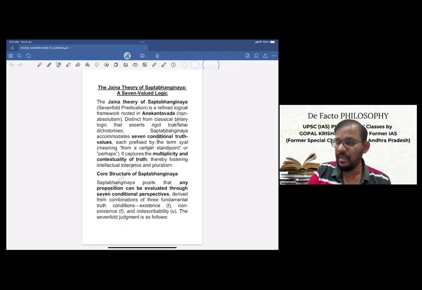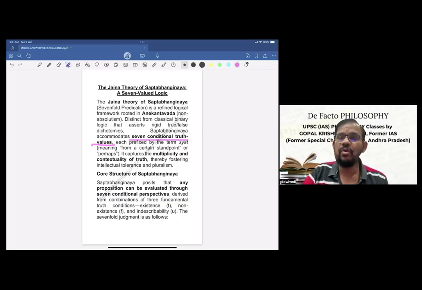So if we see this, because earlier, while discussing Jainism in brief, we have already seen these 7 conditional truth values, because from a certain standpoint, those statements are true. That's what Jaina logic says. Their point of view is that it captures the multiplicity and contextuality of truth.